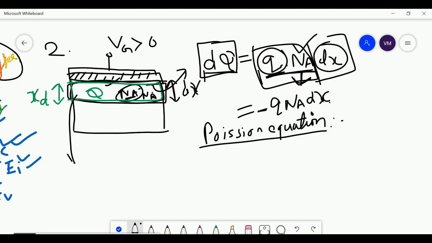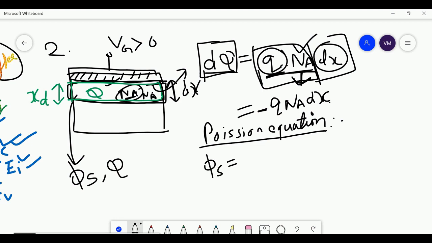So I am talking about this particular region. It will relate the potential. I write it as phi s because it is surface potential. So it relates the surface potential with the total charge in that surface.